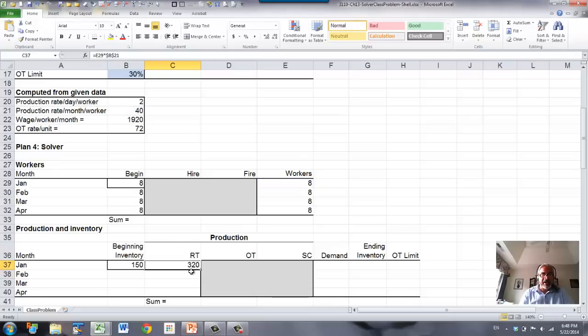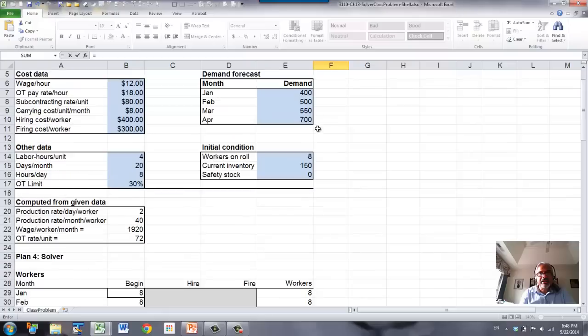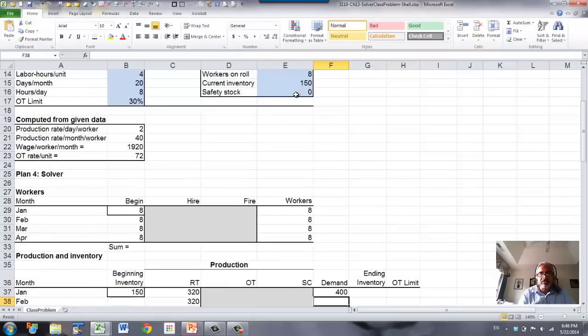Now if you copy that down, okay, that will give us, put the border back, that will give us the production coming from regular time each month. Now, the overtime and subcontracting production are going to be determined by solver. Now, demand is known, it's given right here, so let's put the demand down there.